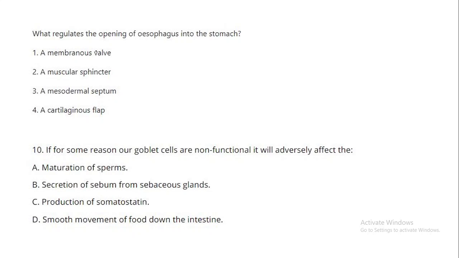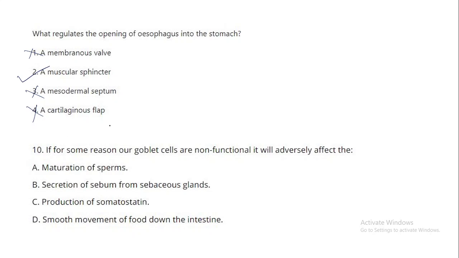Here they have not mentioned the name of the sphincter. They have just said a membranous valve. No. Muscular sphincter? Yes. Mesodermal septum? No. Cartilaginous flap? Definitely not. Understand one thing, throughout the digestive system you do not find cartilage anywhere.